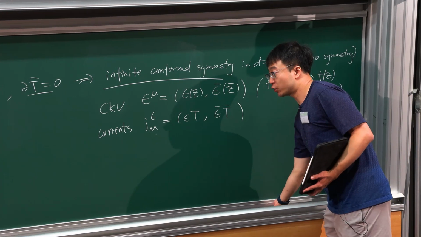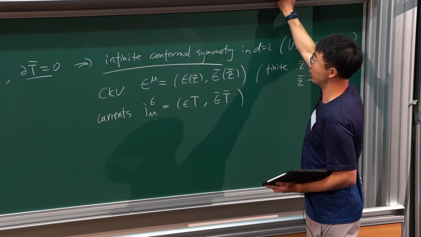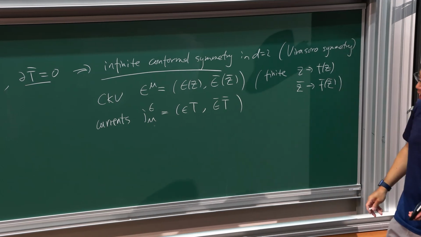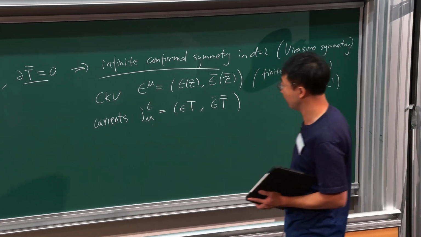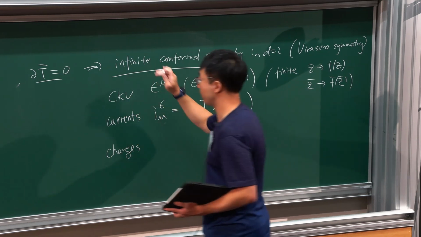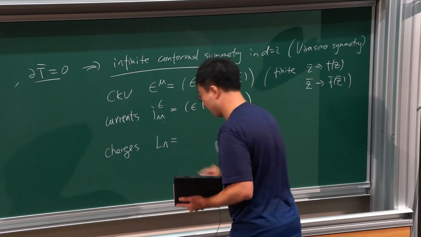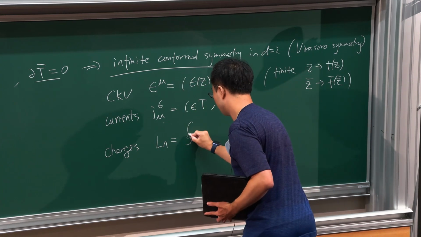And then there's a convenient basis you can introduce for such holomorphic functions of z and anti-holomorphic functions of z bar, which you can take to be monomials in z and z bar correspondingly. And they lead to the charges for this infinite dimensional symmetry. And these are the Virasoro charges that you can define by the following contour integrals.